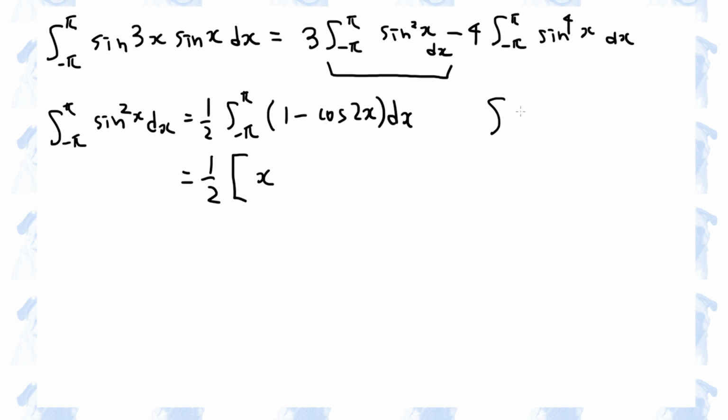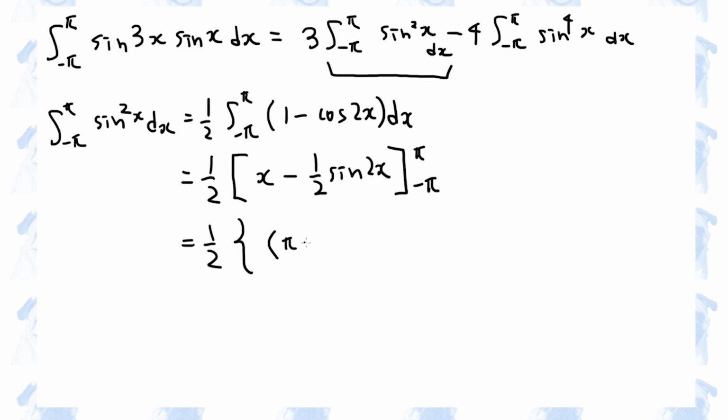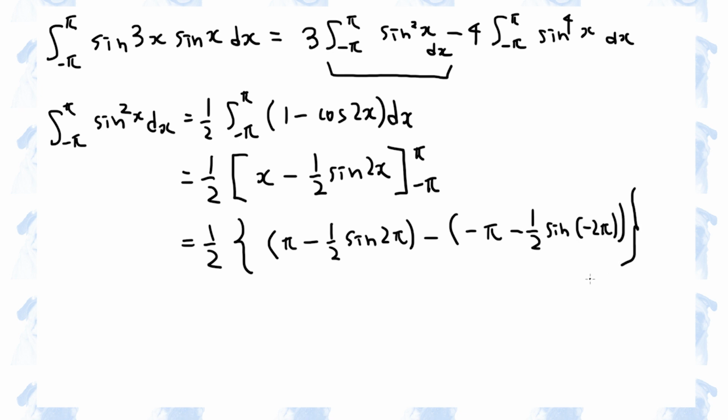What is the integral of cosine 2x? 1/2 times sine 2x. Now, sine 2 pi and sine minus 2 pi are both 0, so the first part is equal to pi.